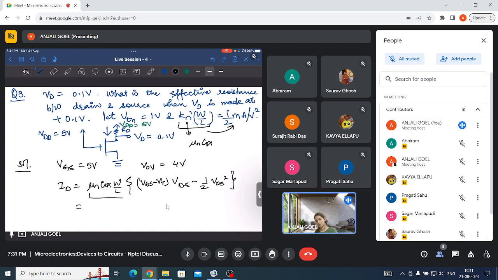Okay, so now this is your Kn dash W by L, so this becomes half into VGS minus VT, which is 4, into your VD 0.1 minus half into 0.01. So this gives 0.395 milliamperes.